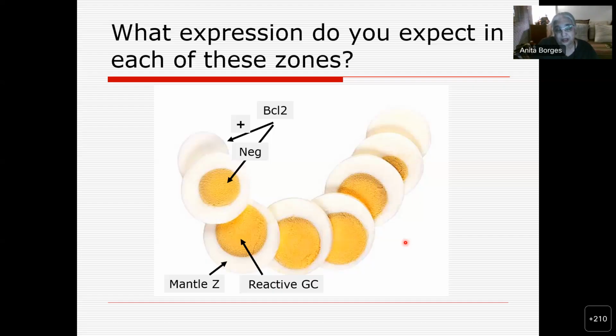So it does look like it has a circular outline, a somewhat spherical outline. And then you will find BCL2 positive.